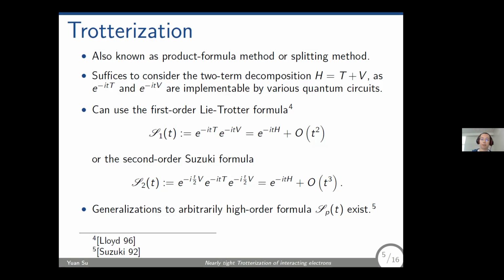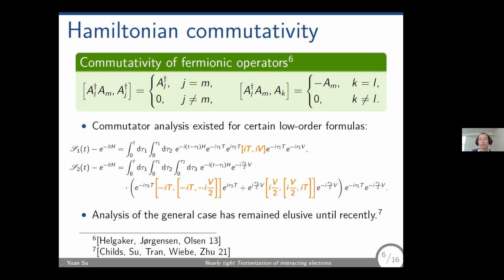Okay, so let's talk about how to improve the performance of Trotterization, as we promised. One idea you can use is the commutativity of the Hamiltonian. For example, say we want to take the commutator between a_l dagger a_m, an excitation operator, and this creation operator a_j dagger.